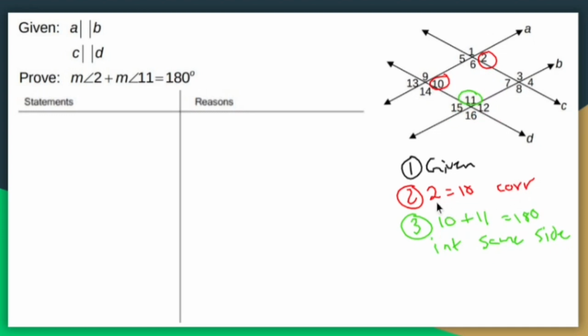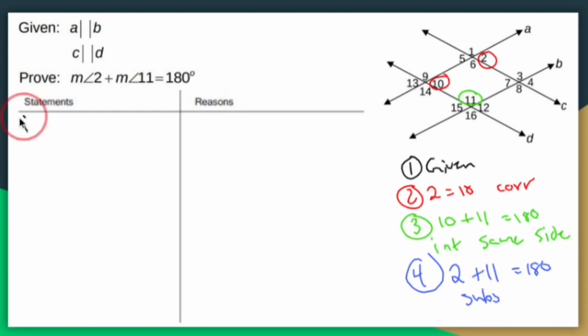So since 2 is 10, I can finish this out in one more step by saying, since 2 is 10, why don't we replace that 10 with 2 and say 2 plus 11 equals 180, and that is by substitution. I'm done.